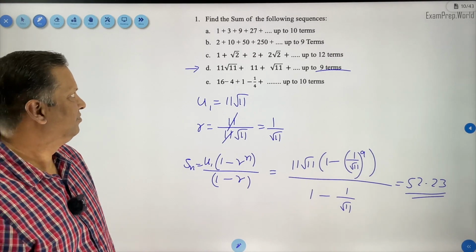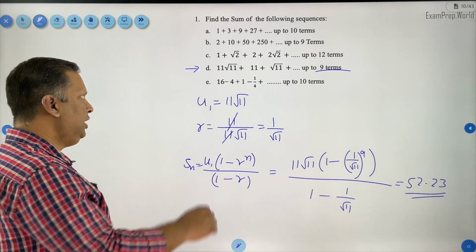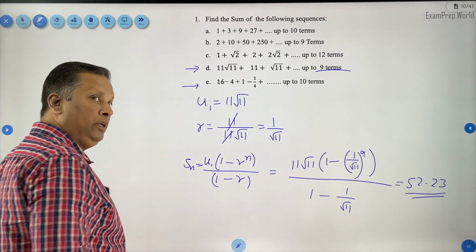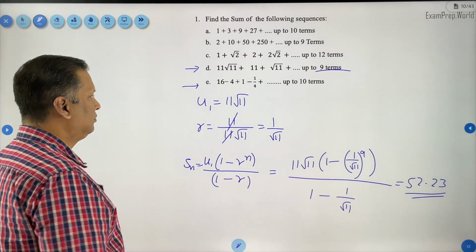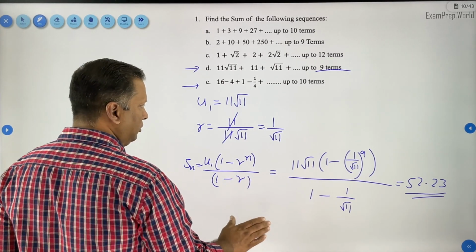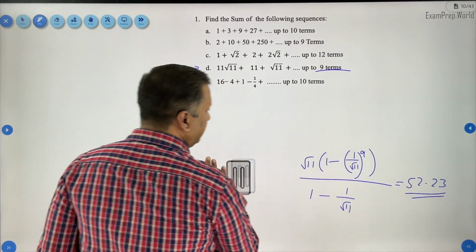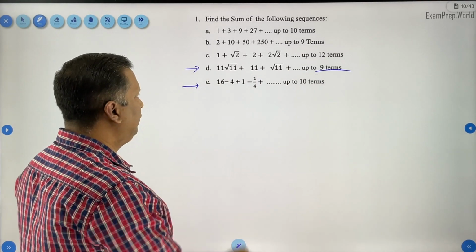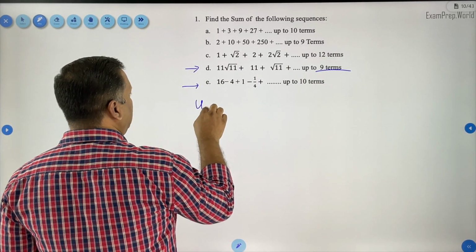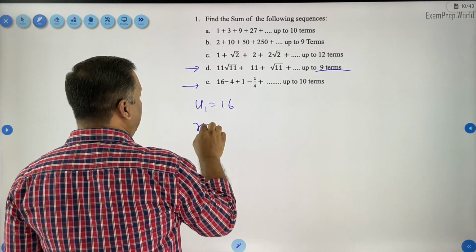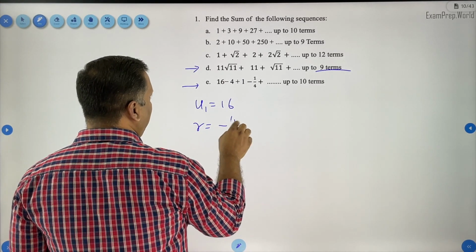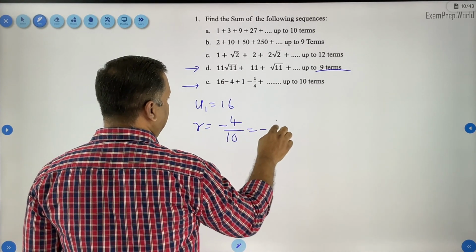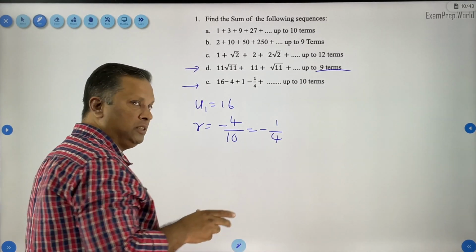Now you want me to do E? Let's do E. Here we have U1 is 16 and R is negative 4 over 16, which is negative 1 by 4. Here also R is less than 1.